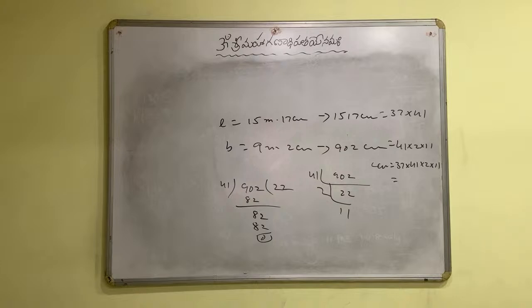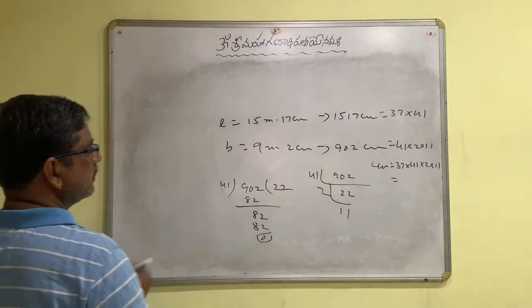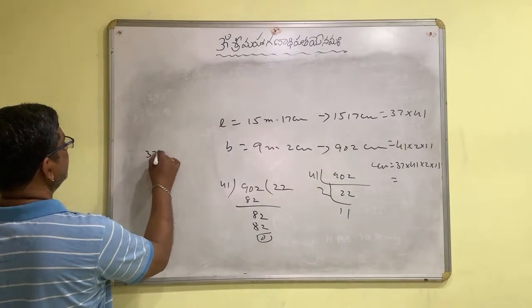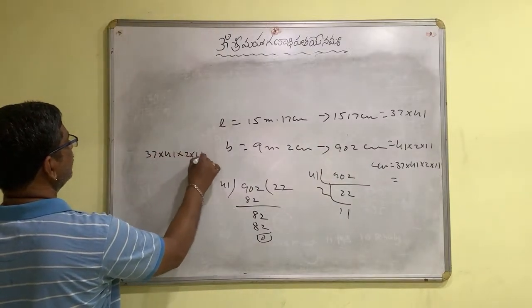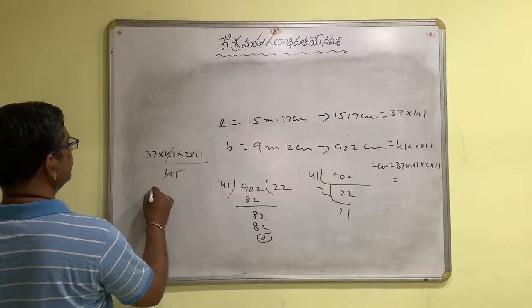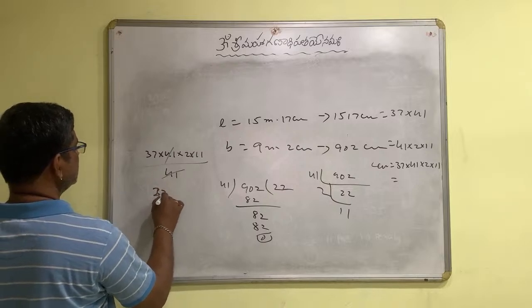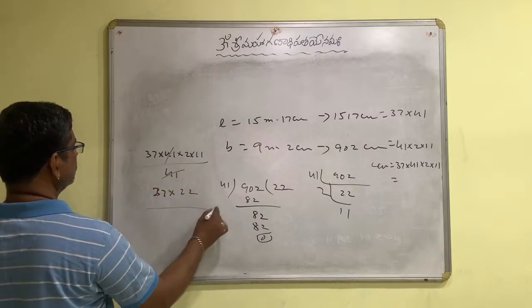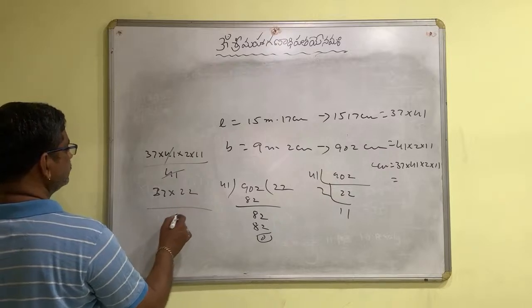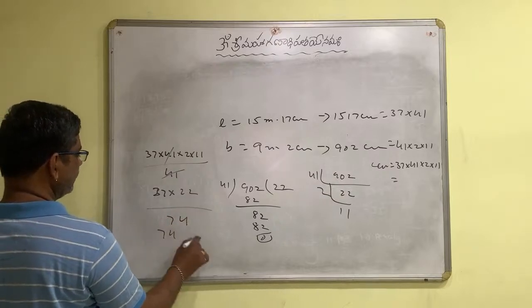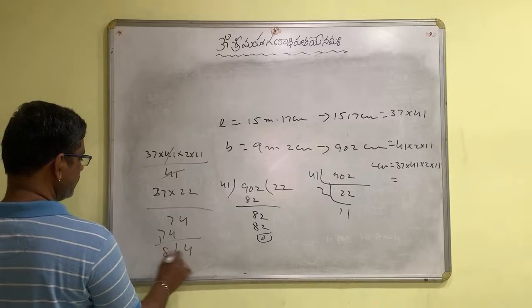What is the question? Find the least number of square tiles required to tile the ceiling. Then what is the HCF? 37 into 41 into 2 into 11 by 41 was the HCF. 37 into 22, how much will it be? 814.